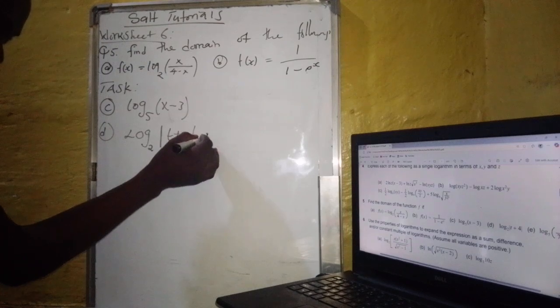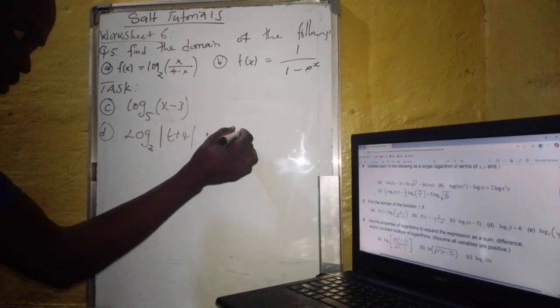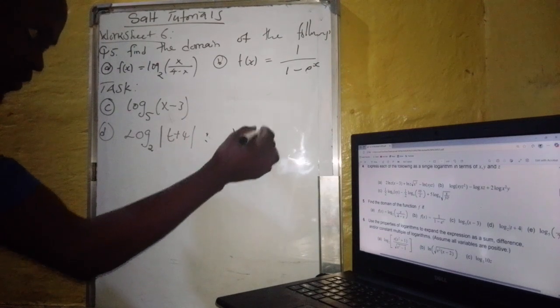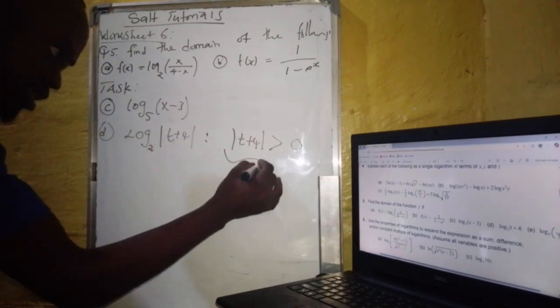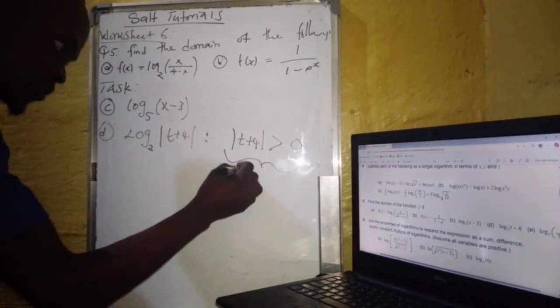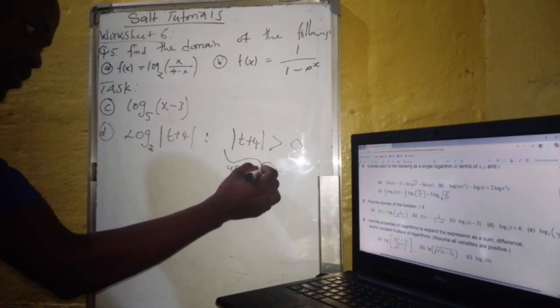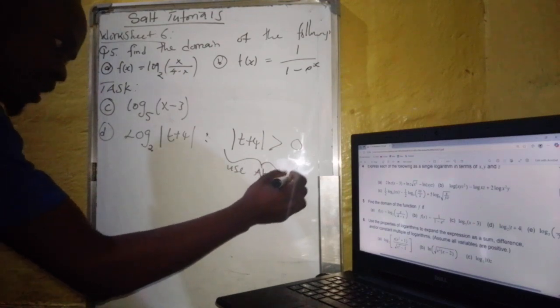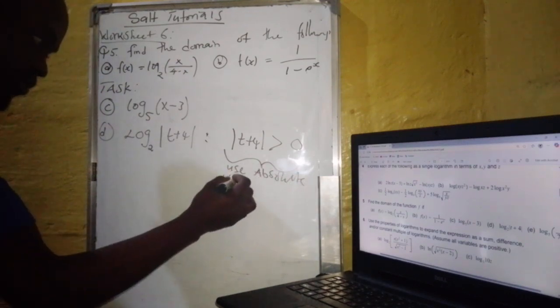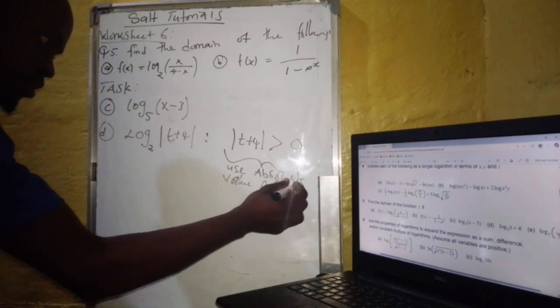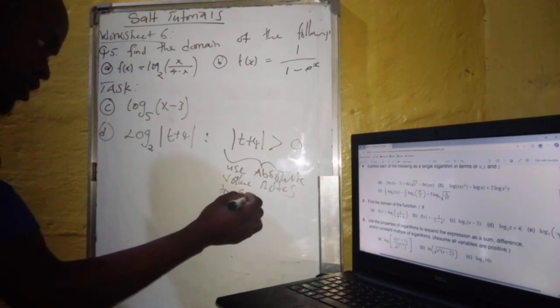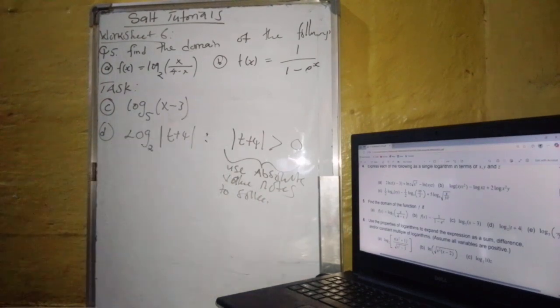When you solve, you're going to have the absolute value of t plus 4 greater than 0. Use the properties of absolute values. I'm sure you can recall we have all the notes on absolute value inequalities, so use those notes to solve that.